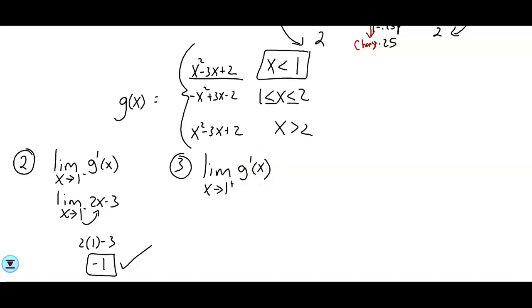Well, since I'm coming at it from the right of 1, I'm looking for where now x will be greater than 1 since I'm coming at it from the right of 1. And that's right here. The statement is saying basically that x is greater than 1. So I'd be using this piece this time.